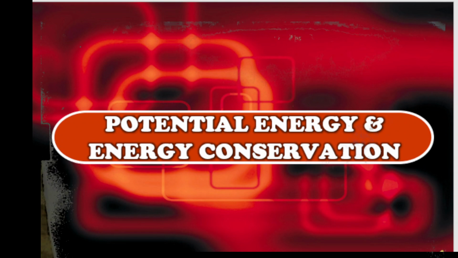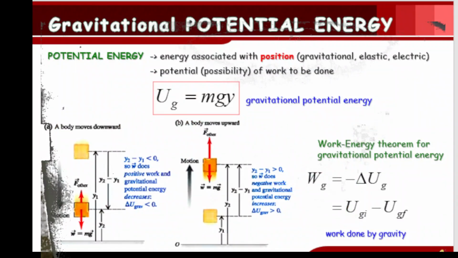All right. Our next topic is about potential energy and energy conservation. This is the continuation of our topic previously, which is about work and energy, right? In potential energy, we will be dealing with gravitational potential energy as well as the elastic potential energy.